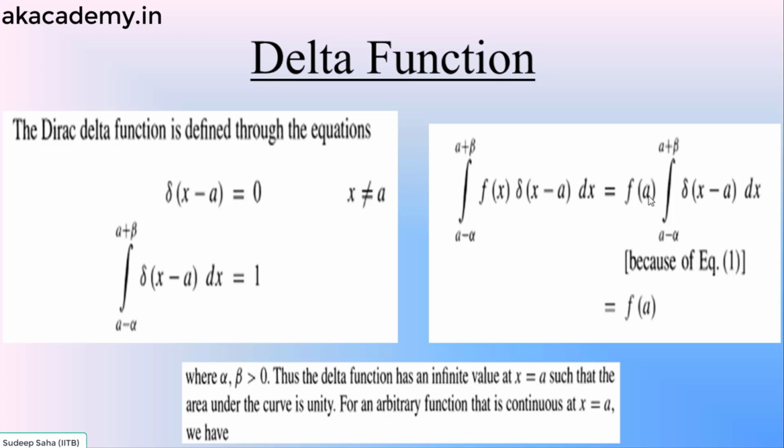So we can safely take it out of the integral, and if we integrate, this simply becomes f of a. So what is the definition of the delta function? It is infinite at x equal to a, but its value is 0 for x not equal to a, and the integration, the area under the curve, is basically 1.